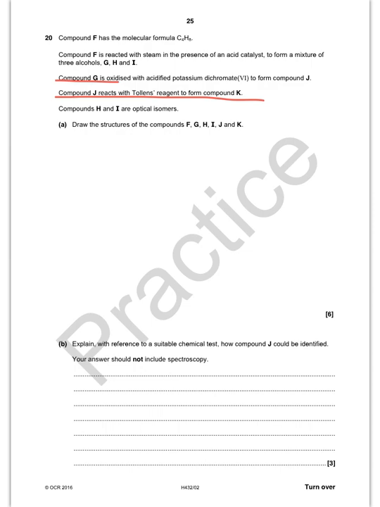So it looks to me like we have compound F as CH3CH2CH=CH2. And then you can, of course, add water. You could either add an H and an OH there or an H and an OH there.